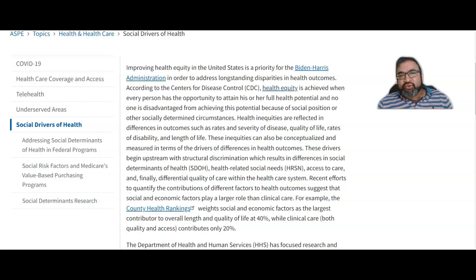The reason this is so important is because the Biden-Harris administration has focused on improving and understanding health equity. Now, what is health equity?